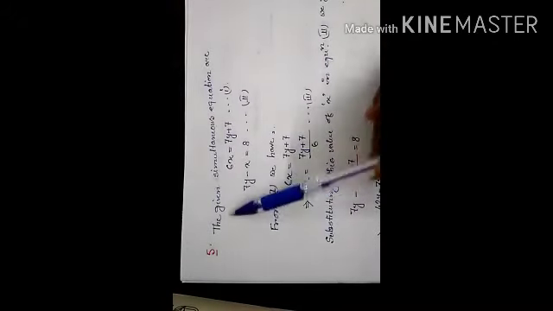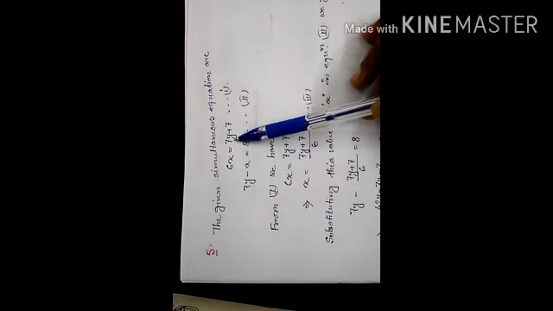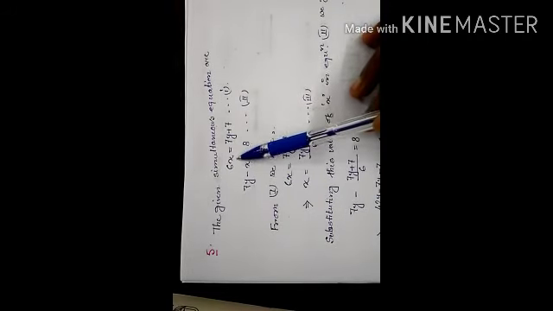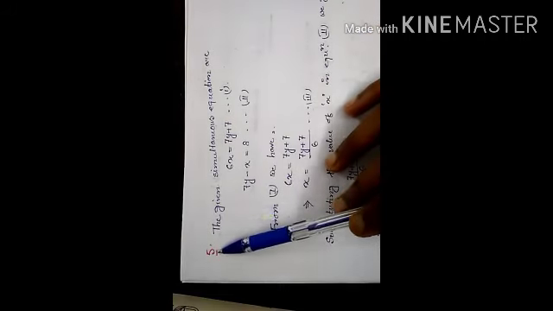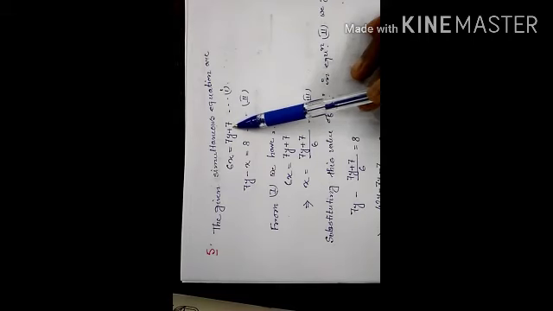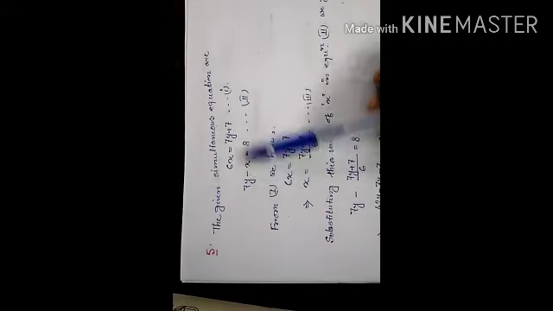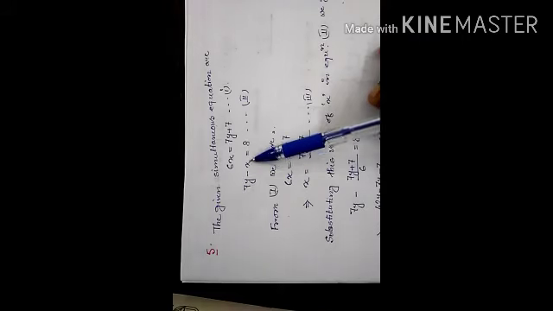Now come to question number 5. Listen everyone please. Question number 5: 6x equal to 7y plus 7, and this is the first equation, and the second equation is 7y minus x equal to 8.